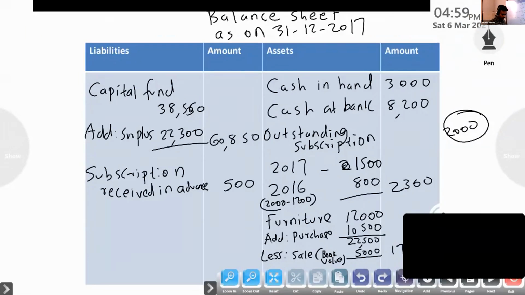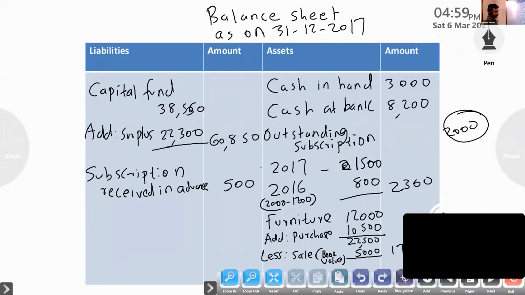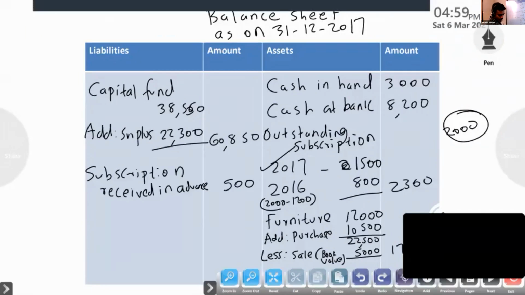Okay. Now you have to look at the adjustments. After looking at the first one, outstanding subscription, we wrote outstanding salary. Where will it come?